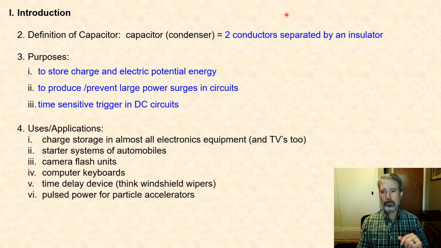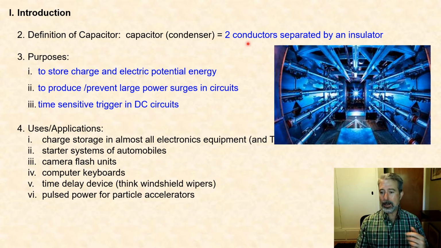Pulsed power for particle accelerators. At the National Ignition Facility in Livermore, let's take a look at this picture here. There are about 550 lasers that are aimed at a tiny deuterium pellet, with the goal of instigating a fusion reaction using a technique called inertial confinement.